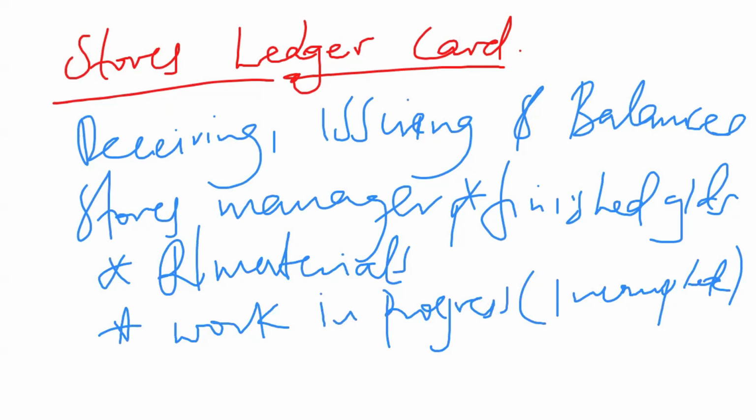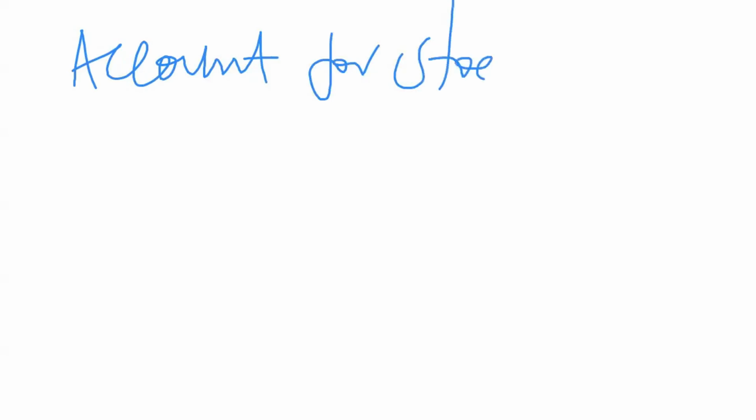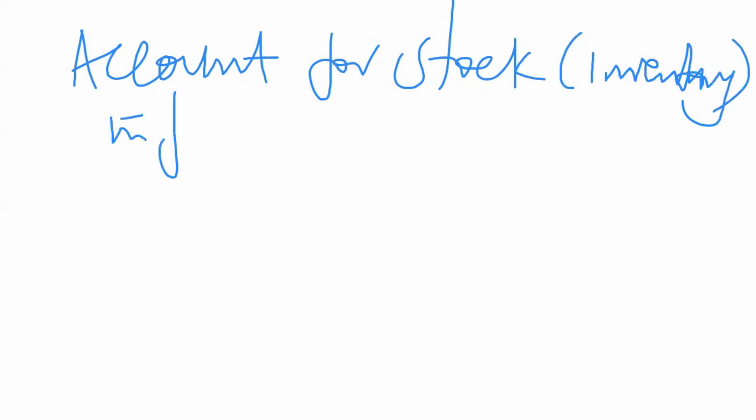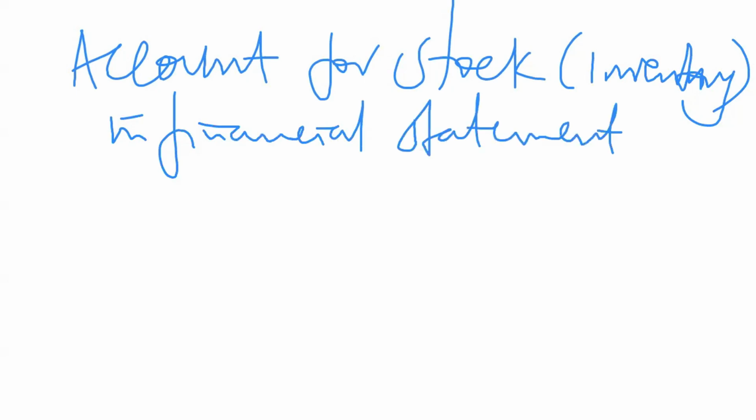Like for raw materials, those are going to be affecting, because we need also to know how we account for stock or inventory in financial statements. Because by understanding this, it will help us to actually know what we need to do.